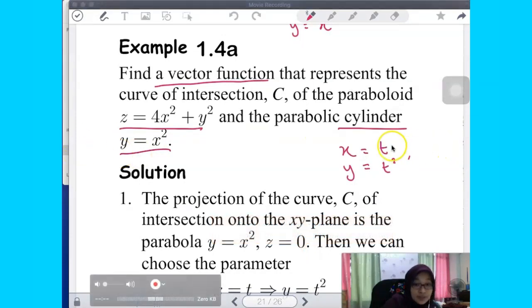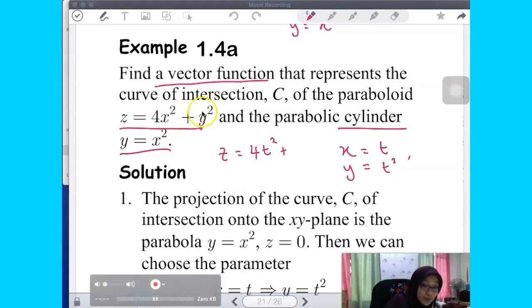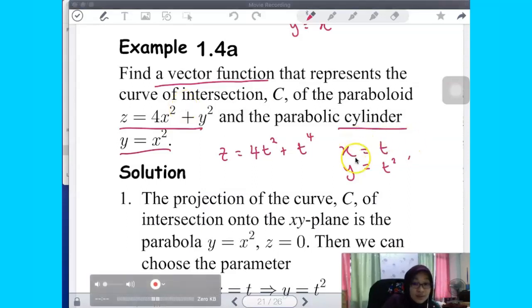When you plug the parametric equations for x and y into the equation of z, you will obtain that z equals t squared plus, since y is t squared, you square the y, so you have t to the 4. So now you have all the parametric equations for x, y, and z.